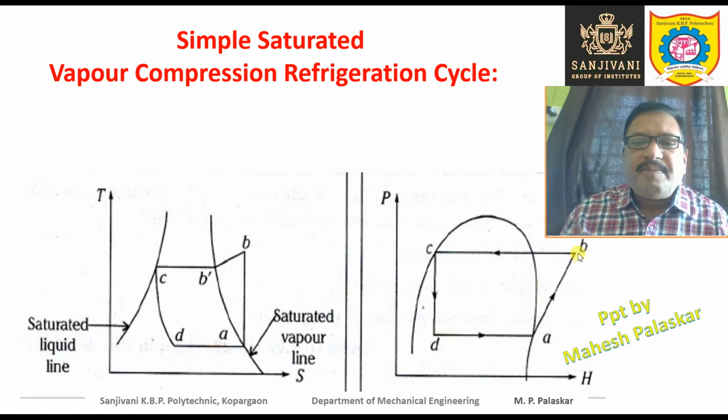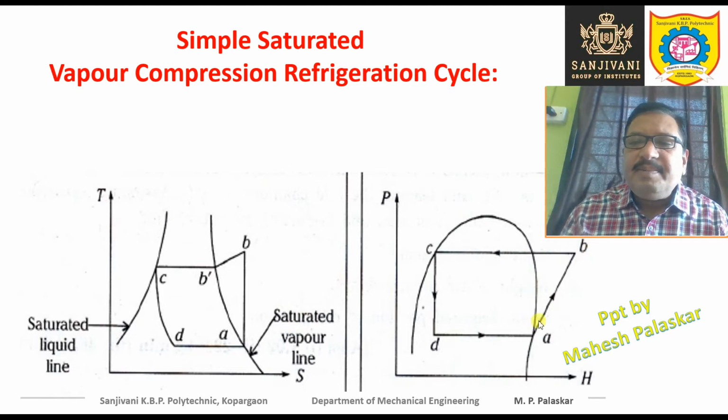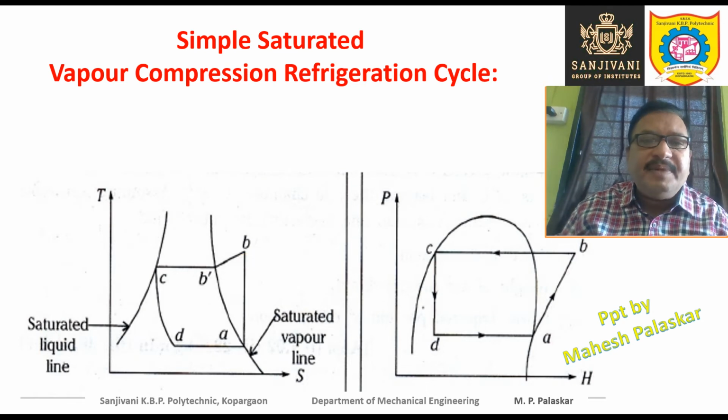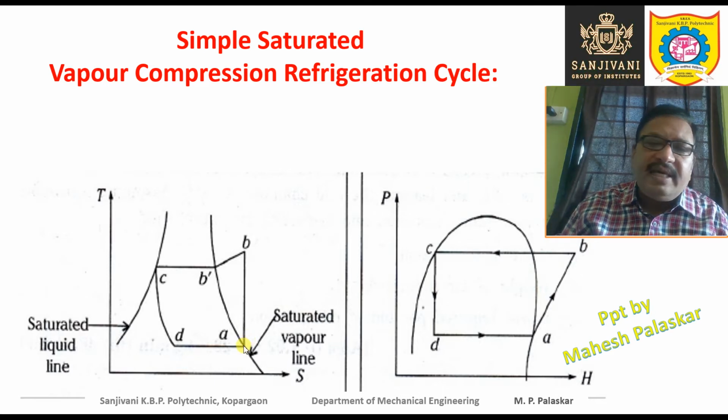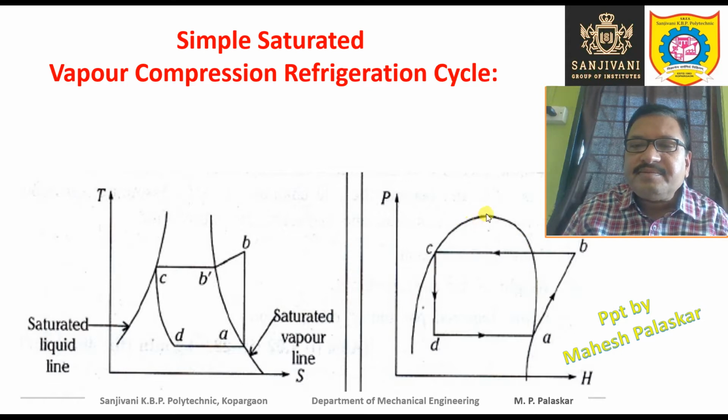AB is compression process. So this AB is shown in this pH diagram as well as in the TS diagram. AB line is shown in the pH and the TS diagram. So here you can see the point A. Point A is lying on the saturation curve, or the point A is lying on the saturated vapor line.